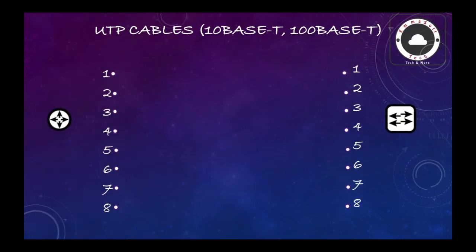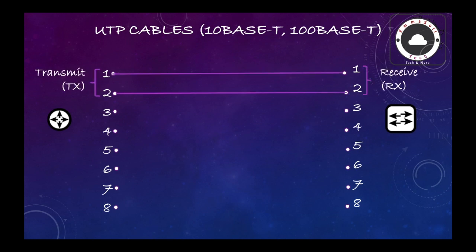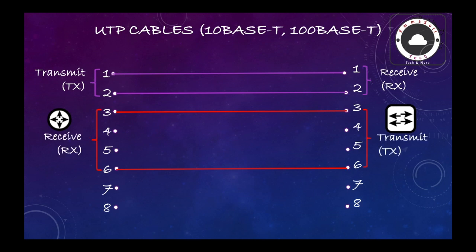Then we look at another setting, a switch plugged into the router. Like a PC, routers transmit on 1 and 2, and switches receive on 1 and 2. Switches transmit on 3 and 6, and routers also receive on 3 and 6. Then full duplex is also supported.